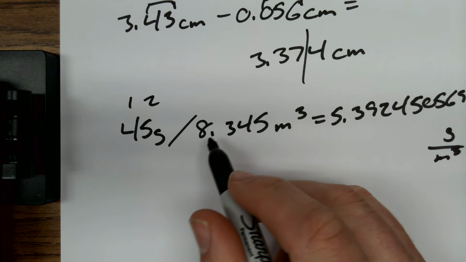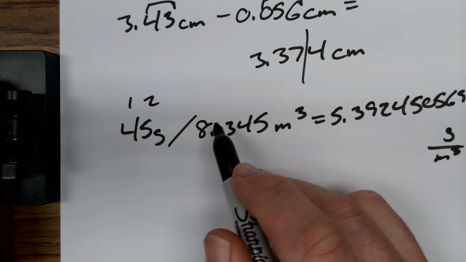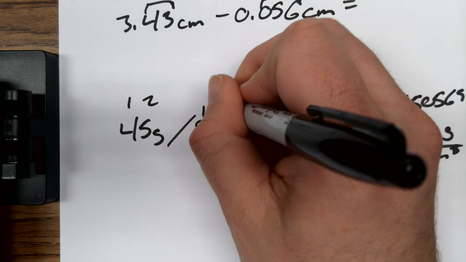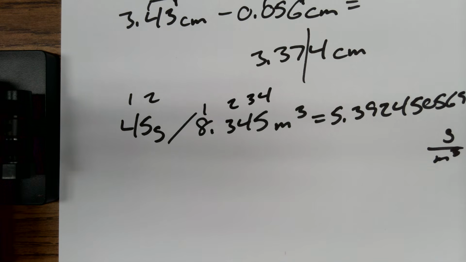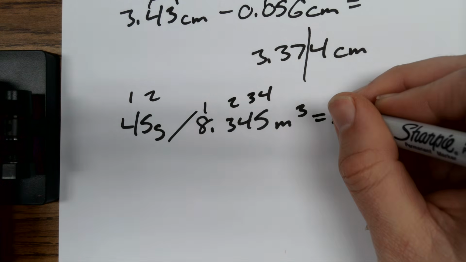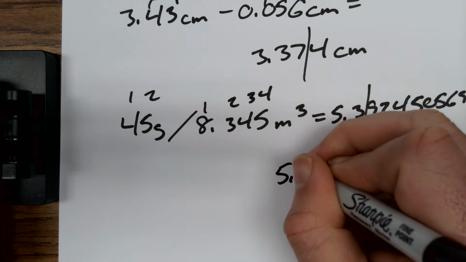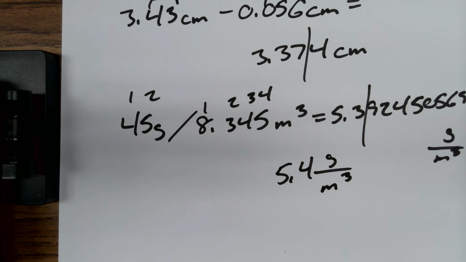How many sig figs are in 8.345? 4 sig figs: 1, 2, 3, 4. So the final answer can only have 2 sig figs. Is the 9 big enough to push my 3 to a 4? Yes. My final answer is going to be 5.4 grams per meter cubed.